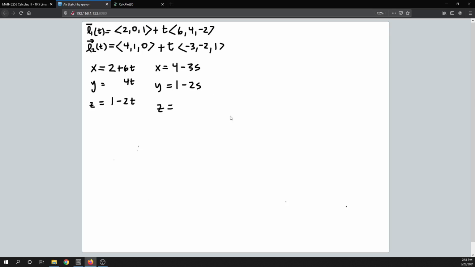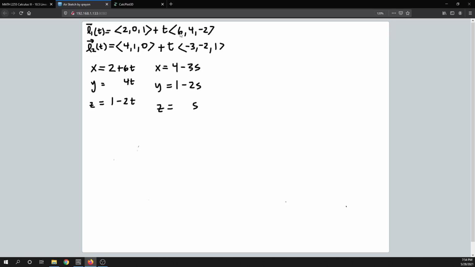Okay. All right, so next up, before we move forward though, let's take a look at these direction vectors and see if they are parallel or not.